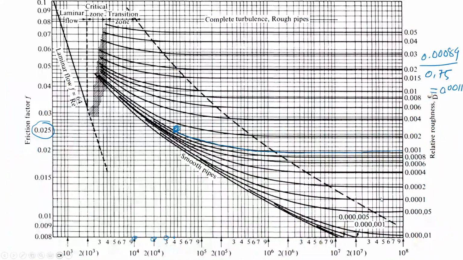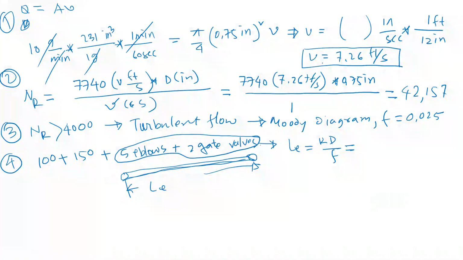So simply, you can add this total: 5 90-degree elbows times 0.75 plus 2 wide open gate valves. That's the total constant factor. And then the diameter of the pipe is 0.75 inch divided by f, the friction factor, which is 0.025.